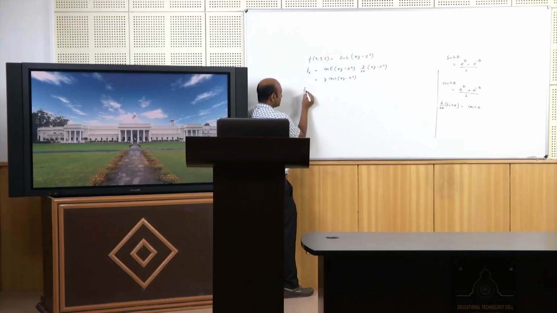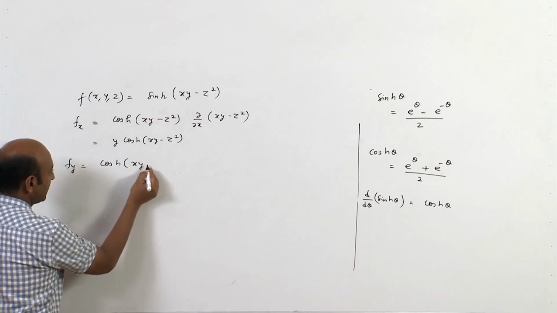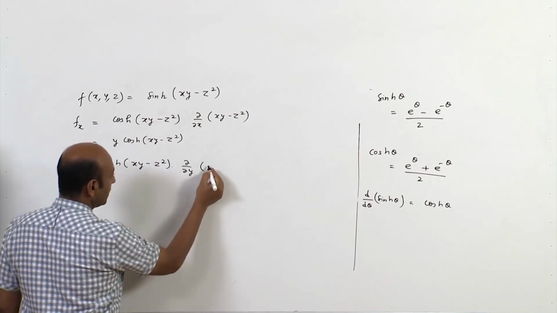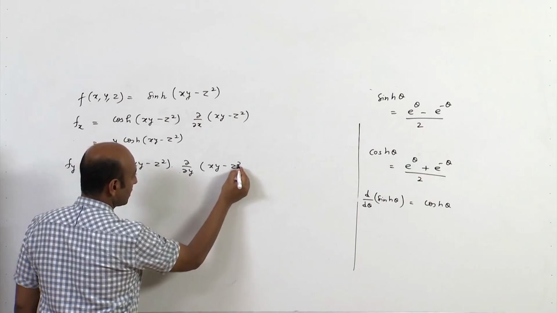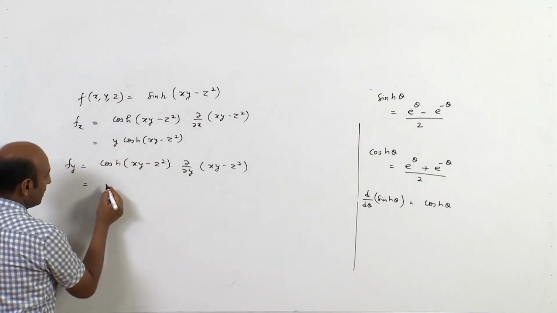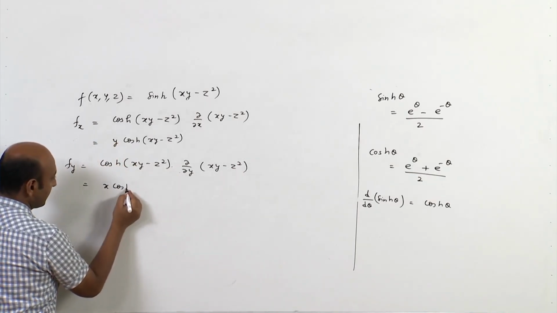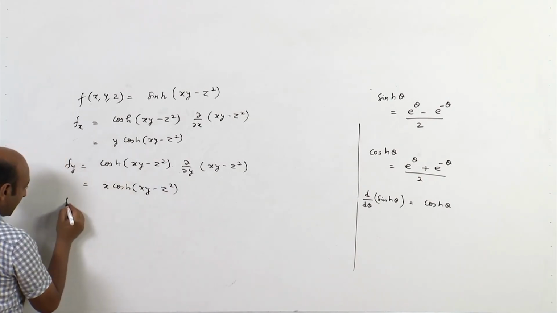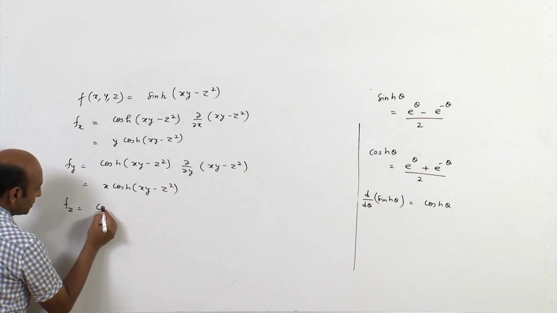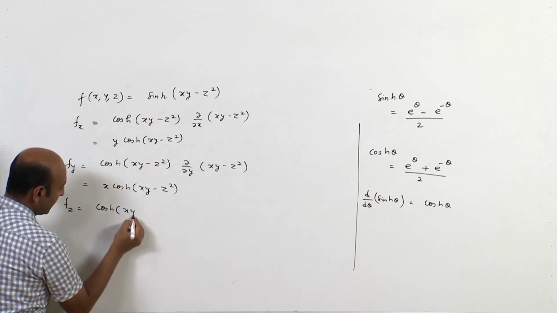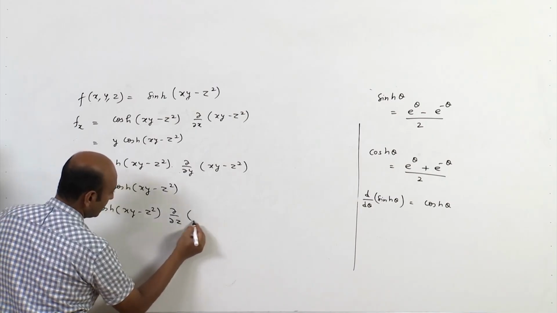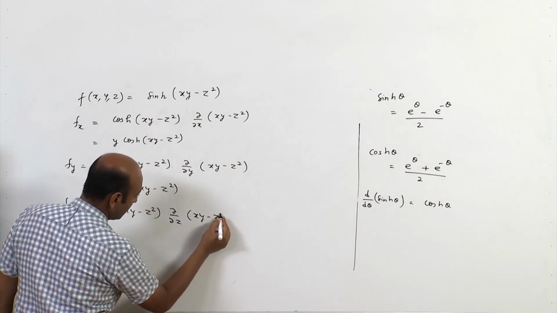Now, fy is similarly cos hyperbolic of xy minus z square into del by del y of xy minus z square, which is again x times cos hyperbolic of xy minus z square, and fz will be cos hyperbolic of xy minus z square into del by del z of xy minus z square.